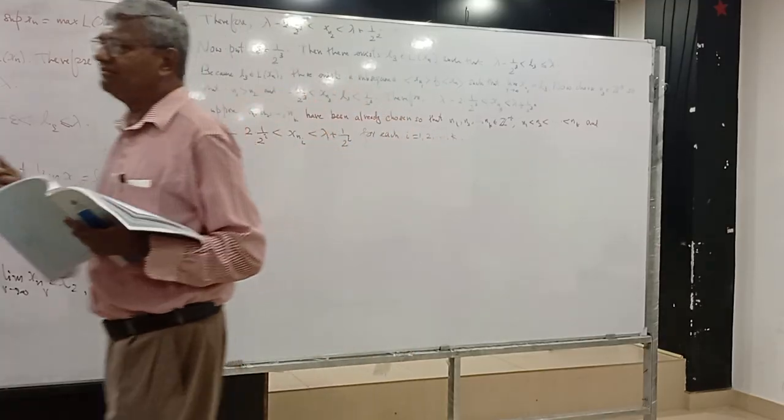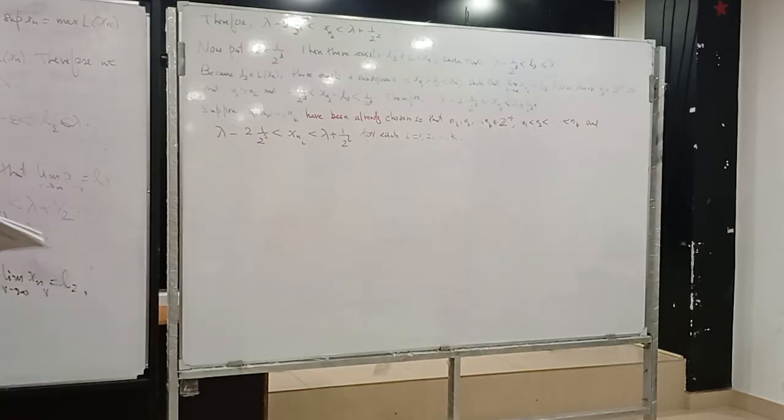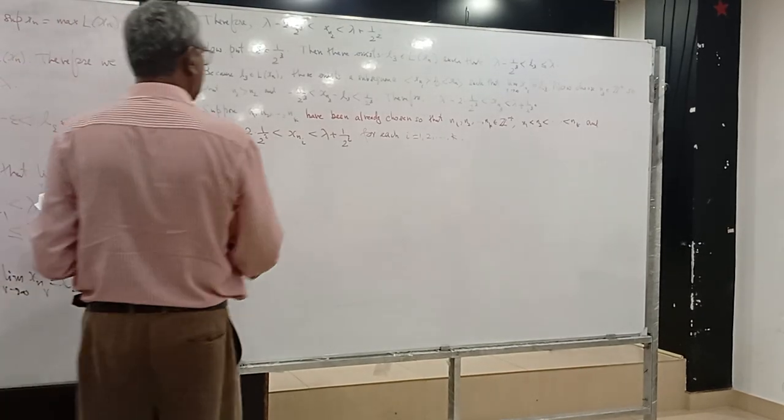This is the way of writing, proceeding in this manner. Of course, to understand, you can say always proceeding in this manner, but that's not a rigorous proof.